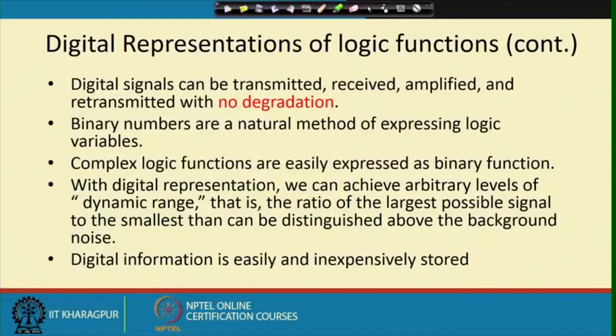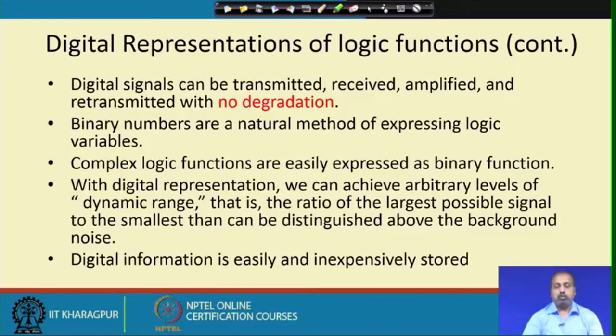Next, we go into why digital signals are preferable. Digital signals can be transmitted, received, amplified and retransmitted with no degradation. Why do I say so? Because if you are transmitting some digital value, ultimately what is transmitted is a bit, 1 or 0.